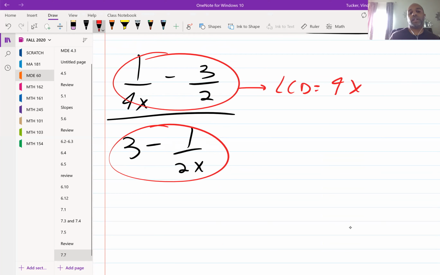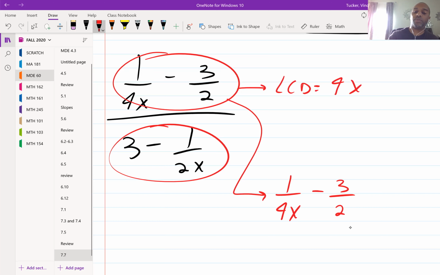If your LCD is 4x, you want to turn both denominators into 4x. The first one has 4x in the denominator, the second one doesn't. So what times 2 would turn 2 into 4x? That'd be 2x. So you multiply top and bottom by 2x.